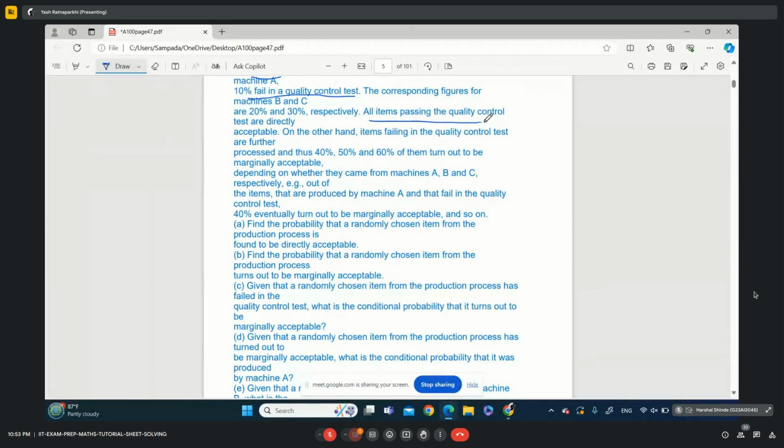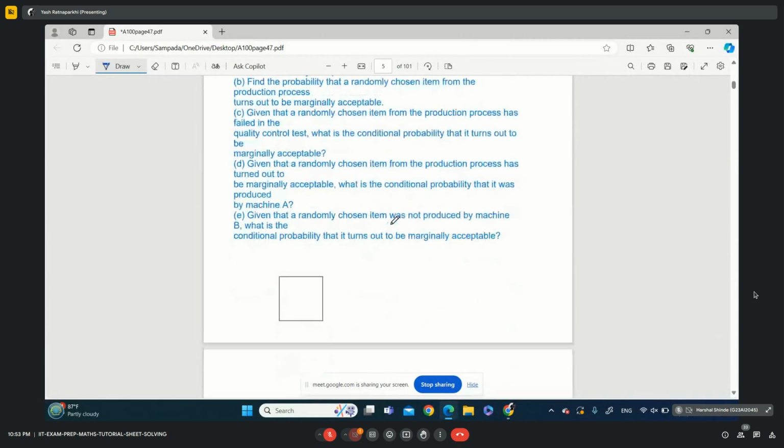All items passing the quality control test are directly acceptable. On the other hand, items failing in the quality control tests are further processed, and thus 40%, 50%, and 60% of them turn out to be marginally acceptable.